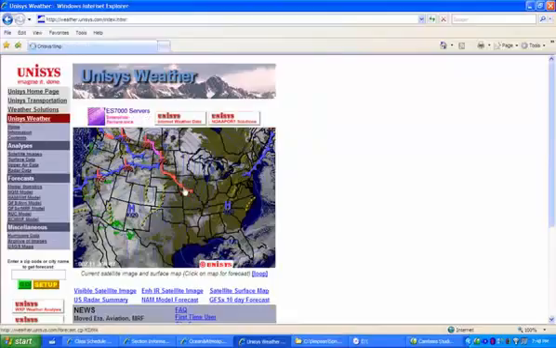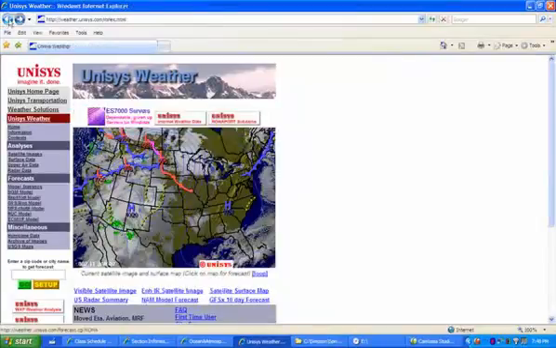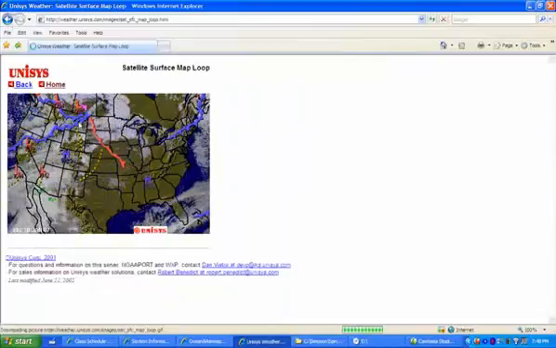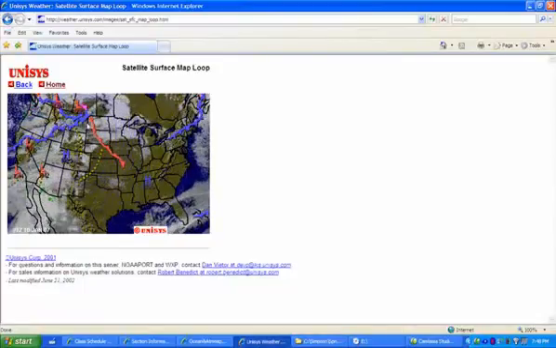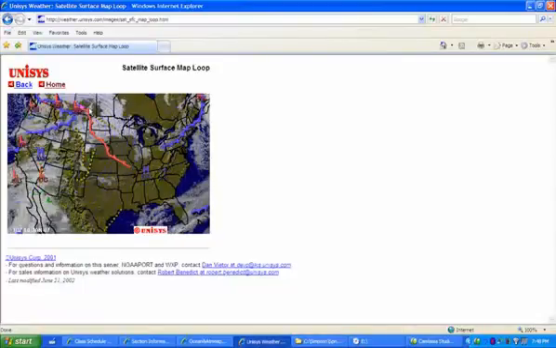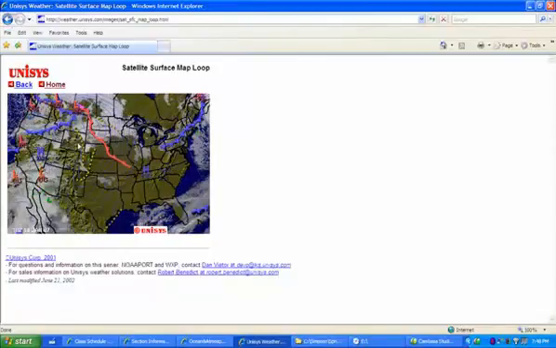And the first map we see here is a surface map. And sure enough, you see what we call a cold front back here associated with all of these clouds. Okay, so near the fronts and near the low pressure systems, we have a large area of cloudiness.